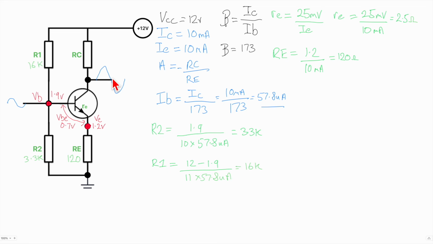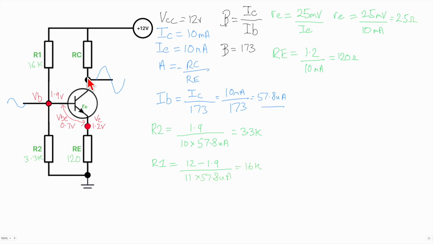So we want to try and set this in the middle to give us the best chance of faithfully reproducing our waveform. So how do we do it? Well, we're going to bias this point to about half the VCC, the DC power supply. Now I say about half because, in truth, when I did my amplifier, I did just do that. I said half of 12 volts, 6 volts, I'll bias it for 6 volts at this point.